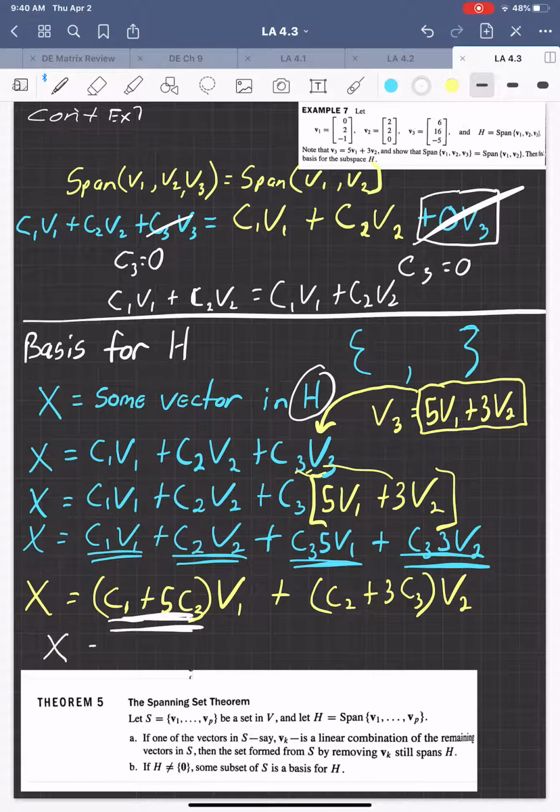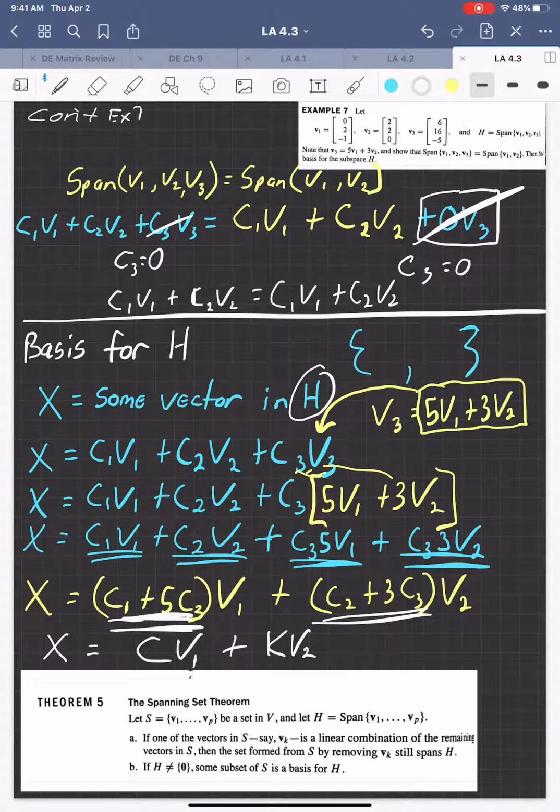So x is going to be just a scalar multiplied by v sub 1, plus, now instead of using c, I'm going to use k. If you take a scalar and then add it to 3 times another scalar, you're still left with a scalar attached to v sub 2.